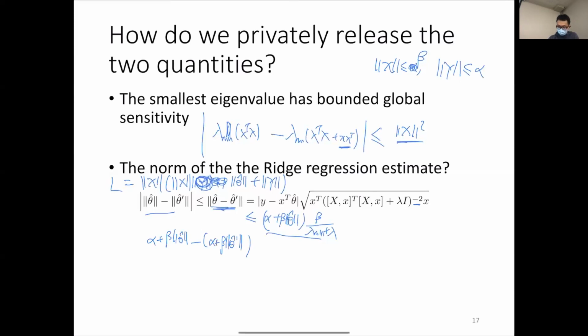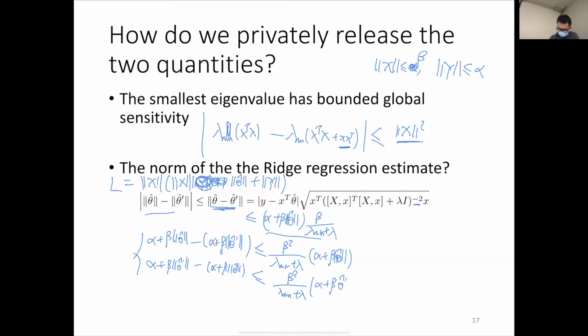By applying the above inequality, since we multiplied by beta, we now have beta square. Adding and subtracting alpha doesn't make a difference, and so this is one of the directions. Similarly, we can center around theta hat prime, and get alpha plus beta theta hat prime minus alpha plus beta theta hat being smaller than beta square lambda mean plus lambda alpha plus beta theta hat prime.